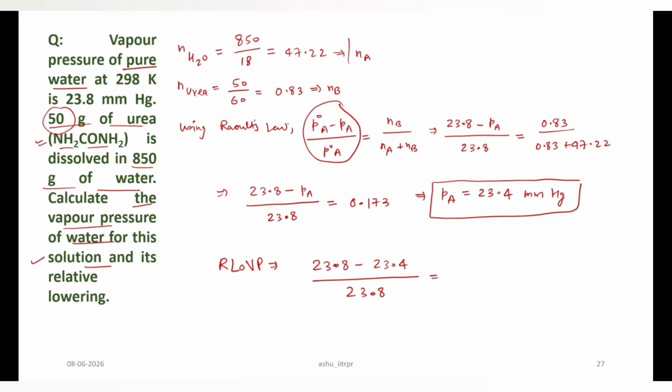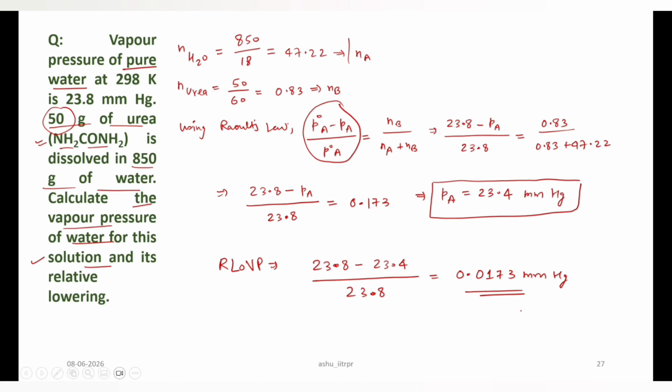So 0.4 divided by 23.8 comes out to be 0.0173 mm Hg. So this is the relative lowering of vapor pressure.